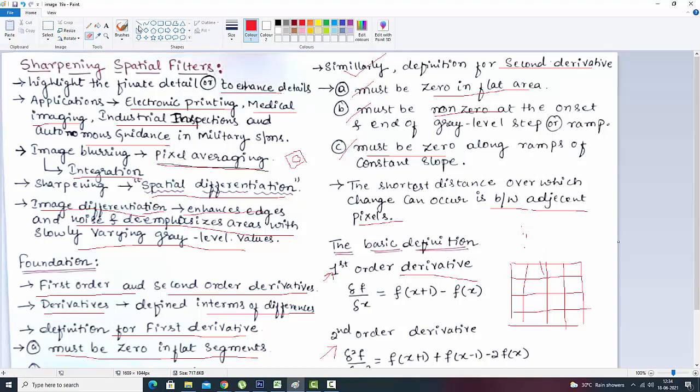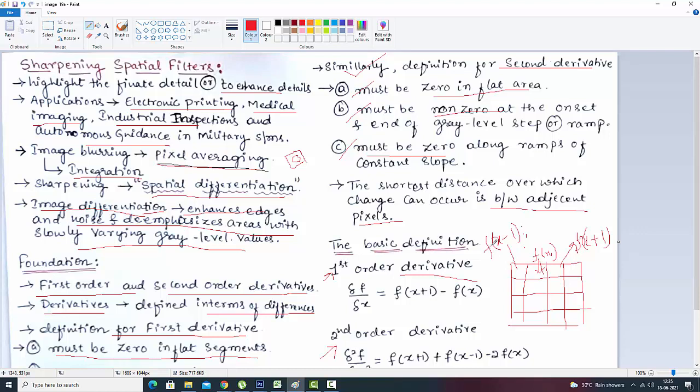I am considering this value as f(x), this one will be x plus 1, so this is f(x+1). This image has the points at x coordinates x and x plus 1, and this one will be x minus 1. Accordingly, x minus 1 is also there.